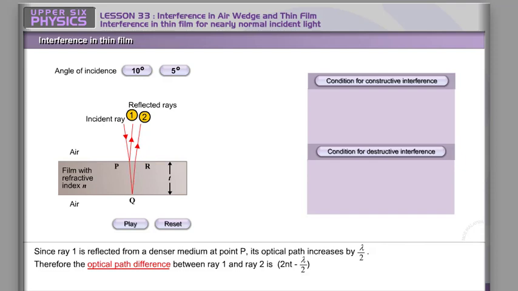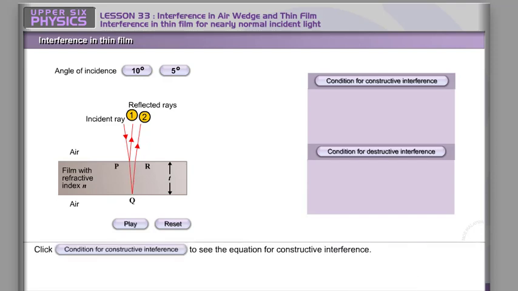Therefore, the optical path difference between ray 1 and ray 2 is 2nt minus lambda over 2. Click the Condition for Constructive Interference button to see the equation for constructive interference. Click the Condition for Destructive Interference button to see the equation for destructive interference.